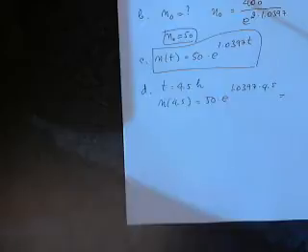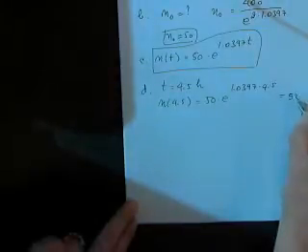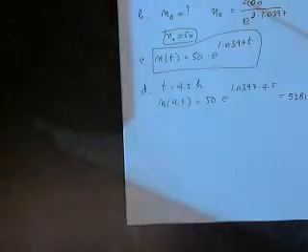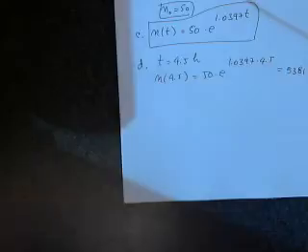So I have 50 multiplied by e to the power, in parentheses, 1.0397 multiplied by 4.5. And I got 5381. So the number of bacteria grows to 5381 in 4.5 hours.